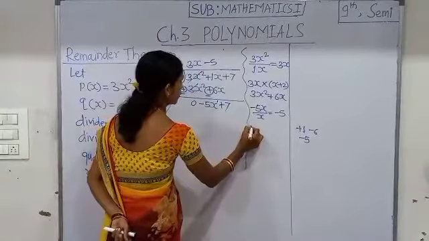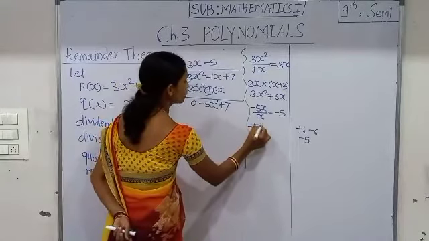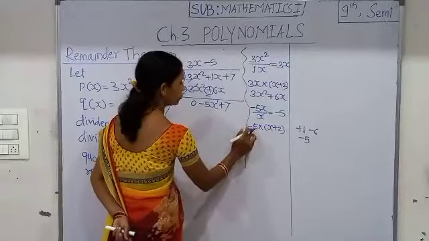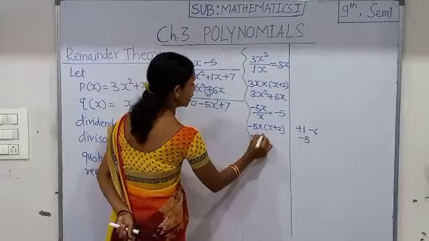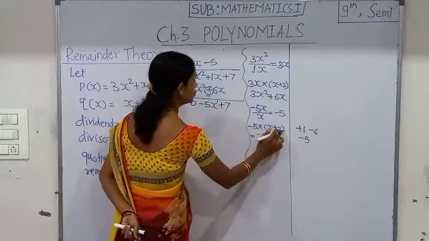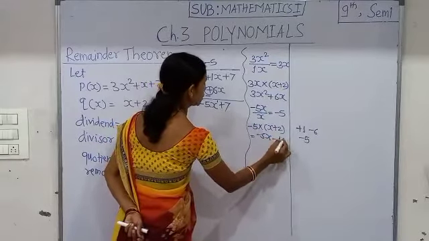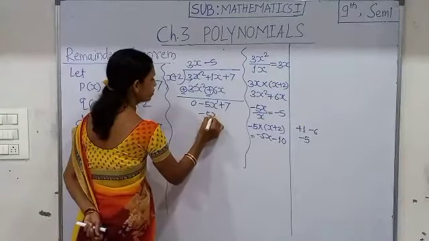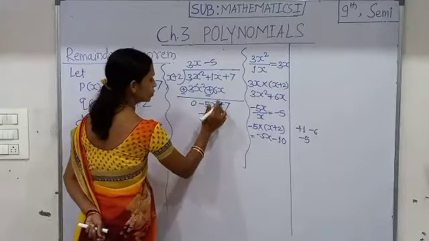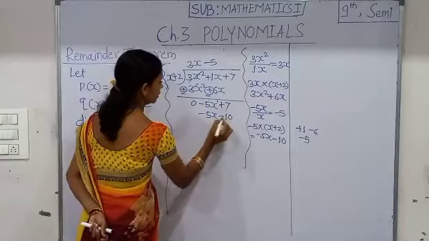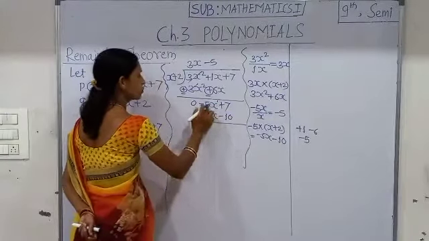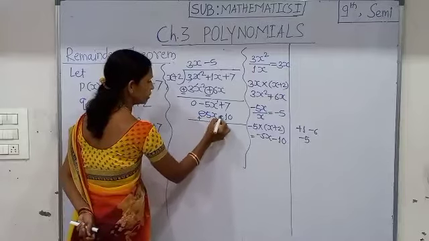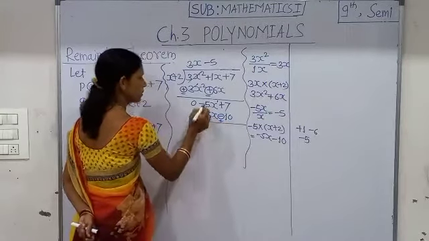And here x plus 2 is multiplied by minus 5. Therefore we get minus 5 into x, minus 5x, and minus 5 into 2, that is minus 10. Those terms are written below, to subtract them, so we change the sign of both terms.